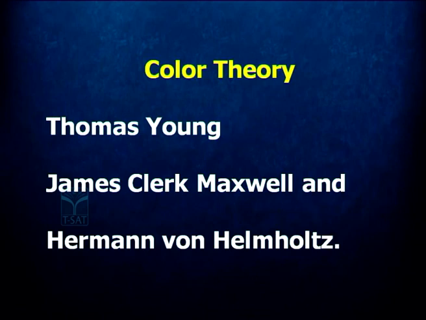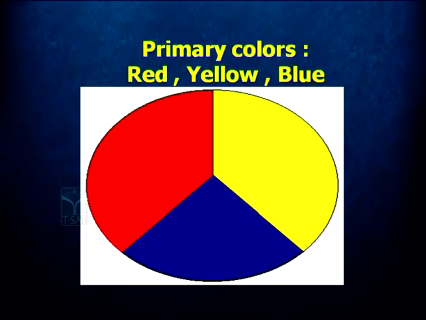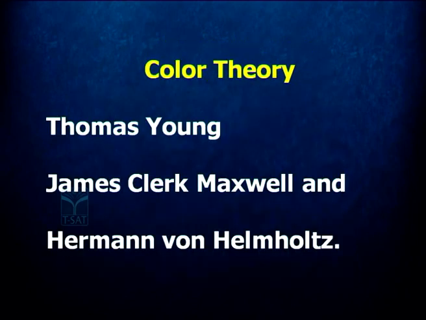For this understanding of color and color theory, the 19th century scientists, color theoreticians and physicists contributed a lot. Thomas Young, a very important scientist and physician, proposed the tricolor theory, the first three colors, the primary colors, and we will look at what primary colors are. The other important people are James Clerk Maxwell and Hermann von Helmholtz.